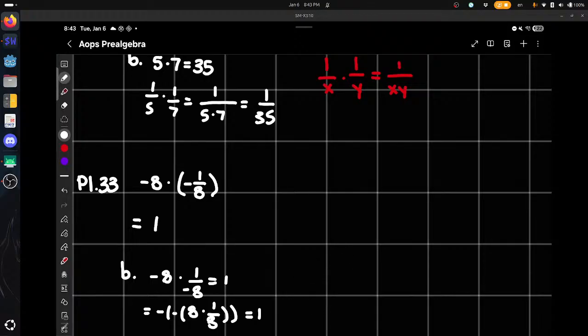Okay, and the new definition, or reciprocal of negation. Yeah, I think I understand it.